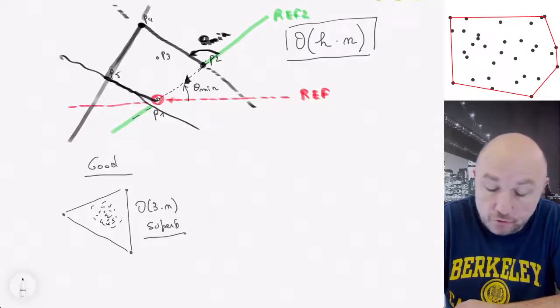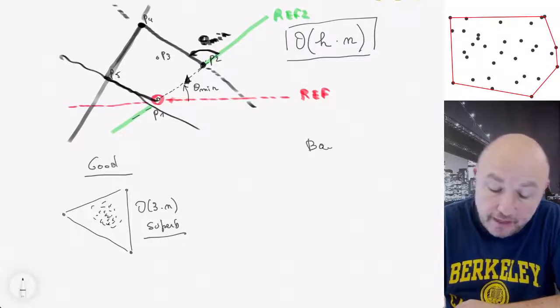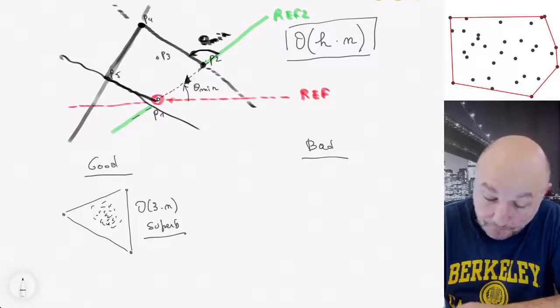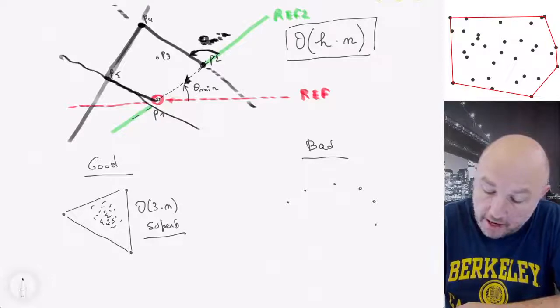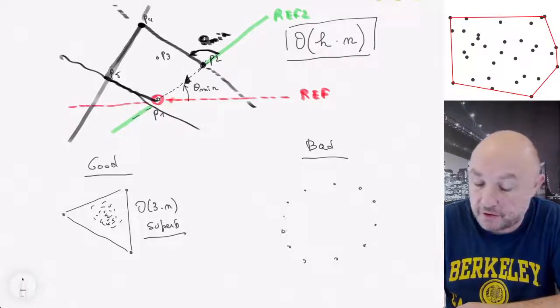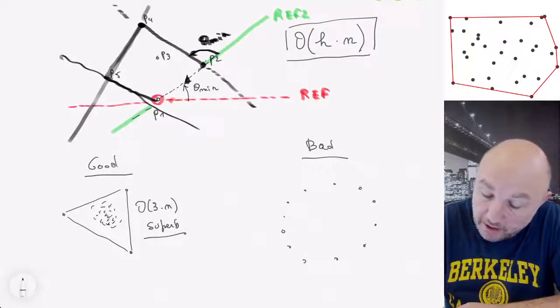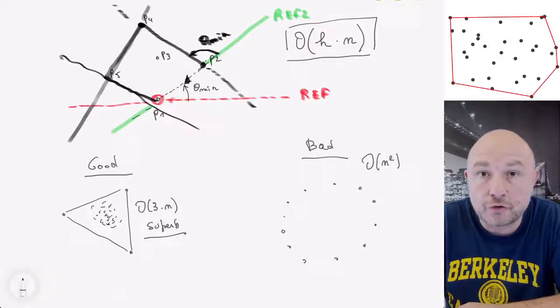But it could be very bad: if every point is on the convex hull, we have an algorithm of the order of n squared.